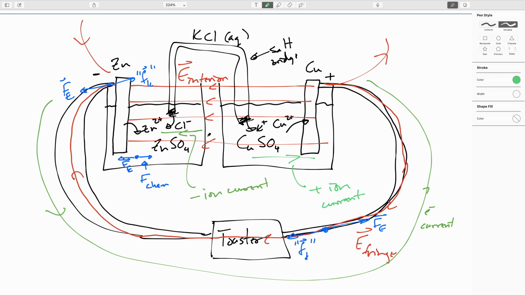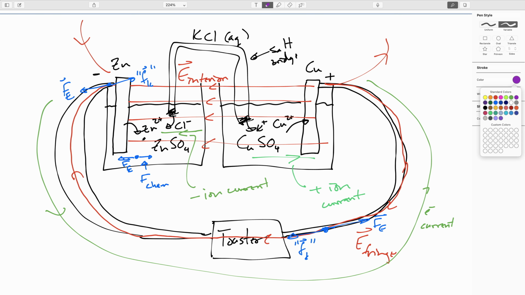So let's think about the conventional current everywhere. Which way is the conventional current going outside the wire? Yeah, outside the wire, it's going around clockwise because it'll go against the electron current. What about inside the battery? Well, it both goes with the positive ion current, so left to right, check, and against the negative ion current.